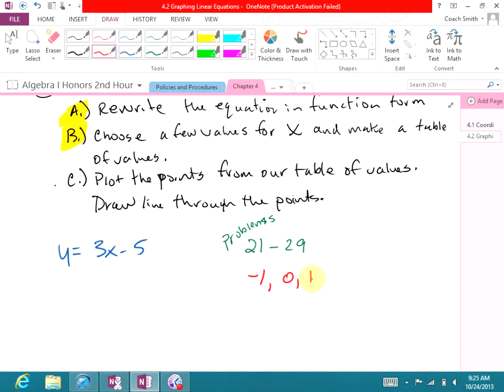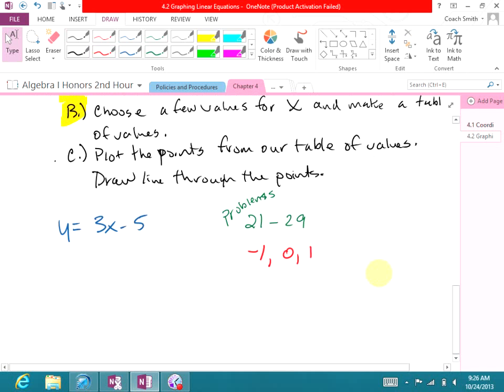But understand, it would not be wrong if, except I told you to use these values, you wanted to use 2, 4, and 6, or 10, 12, 14, or you could use -3, -2, -1. Okay, so eventually we will get to a point where everybody may be using different values, but your line will look very similar. Okay, it won't necessarily go through the exact same points, but it'll be very similar.